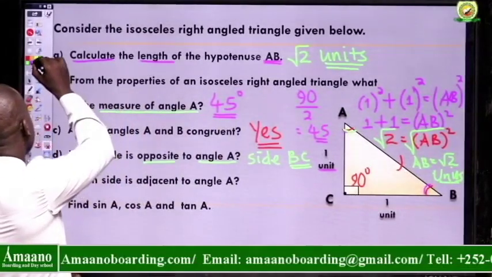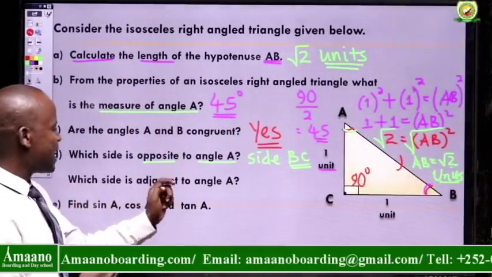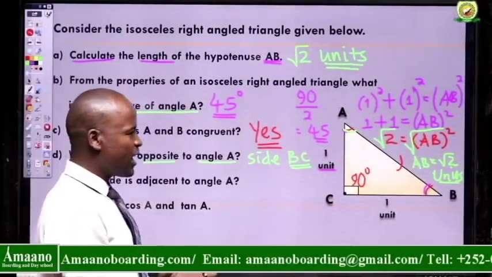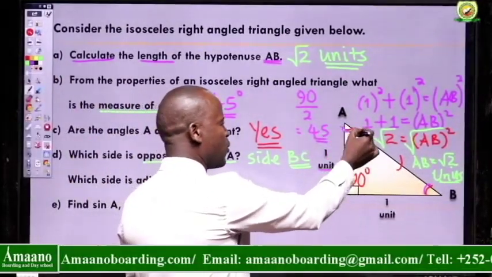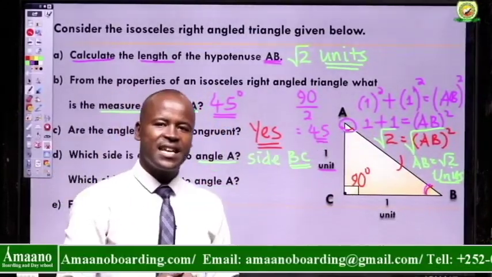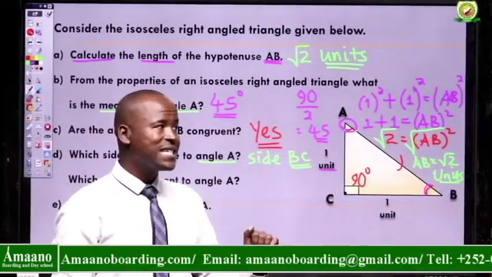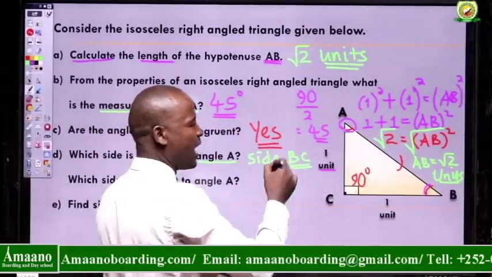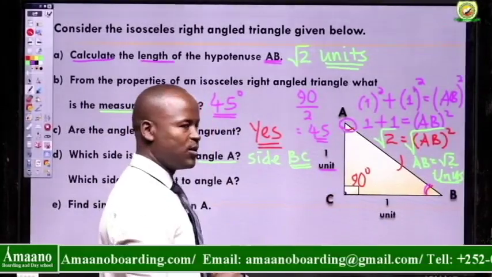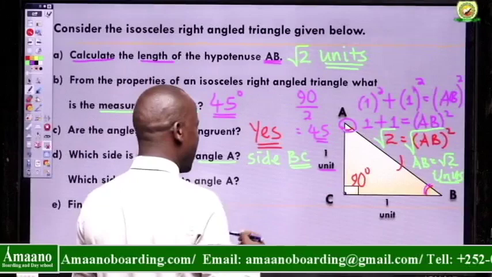Now let's go to the next question. It says, which side is adjacent to angle A? Again, for the same angle A, we are asked to find the adjacent side. We defined adjacent side last time as a side which joins the given angle A and the right angle, which is C. So which side joins the two angles? It is side AC.